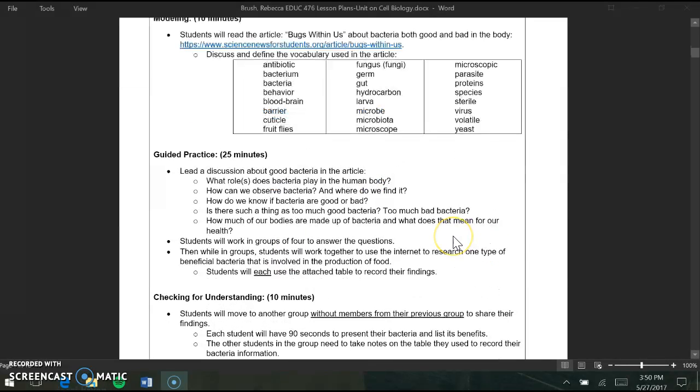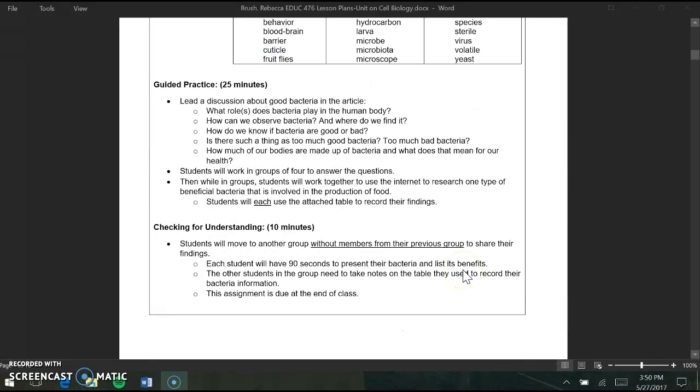And then we did guided practice, where we led a discussion about the article, and then they worked in groups of 4 to answer the questions that were presented to them, and then they used the internet to research a type of bacteria.